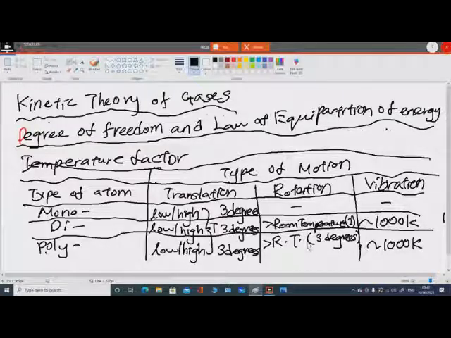For the translation, even at low or high temperature, we always have the 3 degrees of freedom, which represent 3 directions, for all 3 types of atoms. So this is how we determine the type of motion based on the temperature condition. Alright, so let's move on. Let me erase this one.